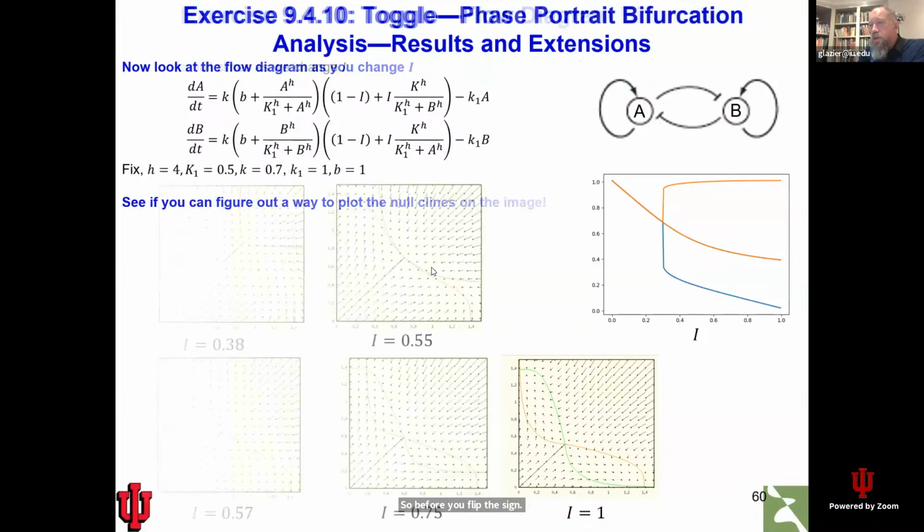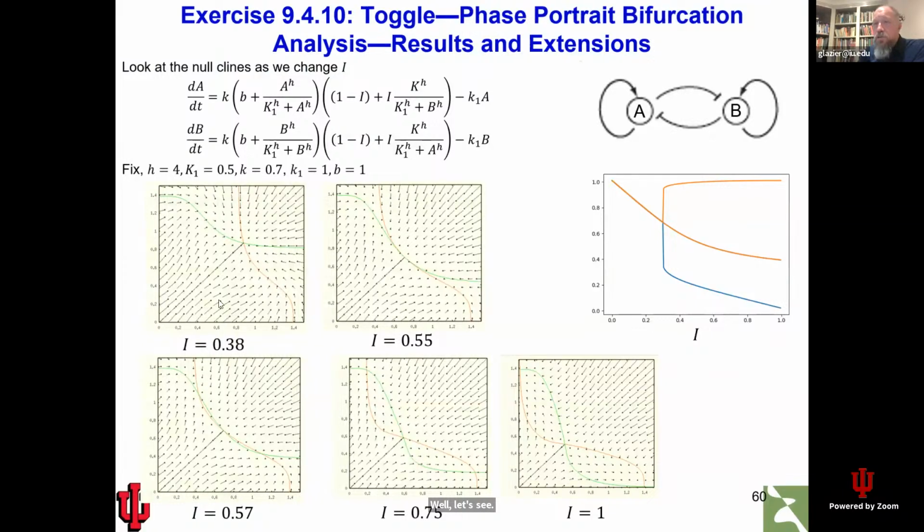So before you flip the sign, let me just show you what I would get when I change the values of I. This is the forward one before we time reverse it. These are what I get. So if I is 0.38, I'm sorry, I cannot see the slides. Sorry, my mistake. There we go. So you got the screen share okay now?